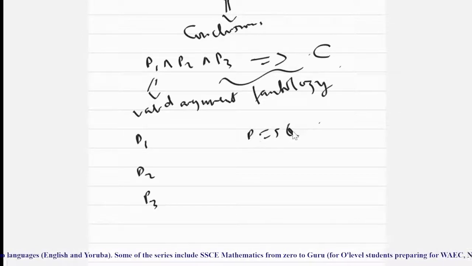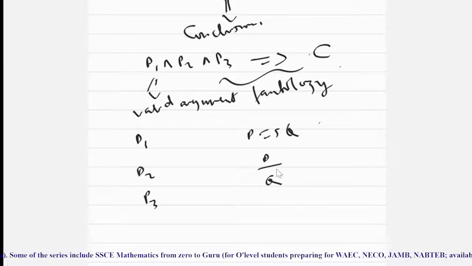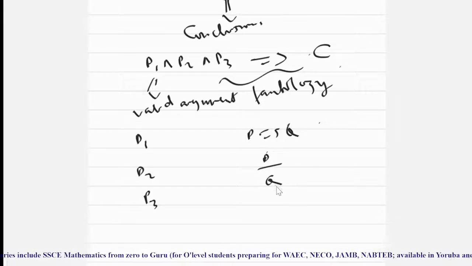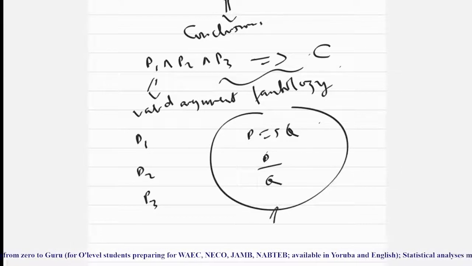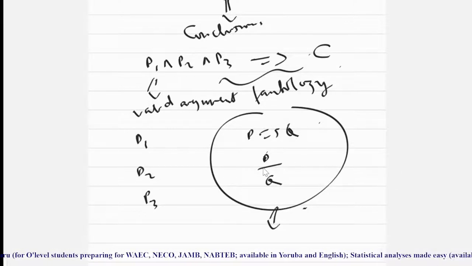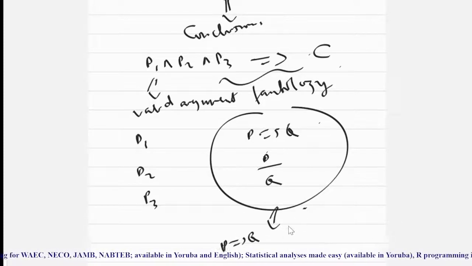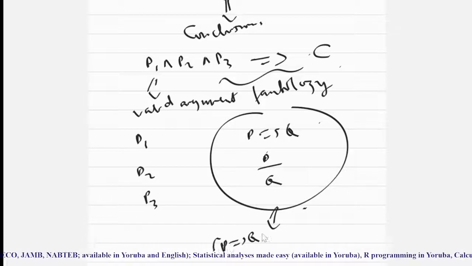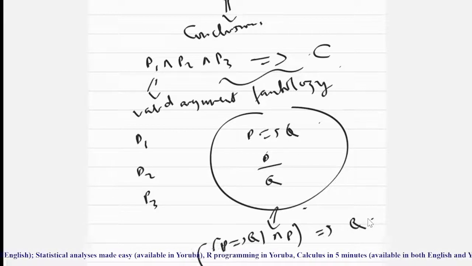So for example, if I have P implies Q, then I now have P divided by Q. This P is a premise, and this Q means a conclusion. Then you can rewrite this in symbolic form. It will be the same thing as P implies Q, and P implies Q. Don't worry, you will get the explanation.